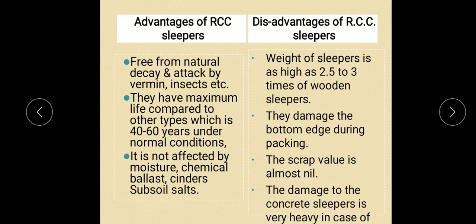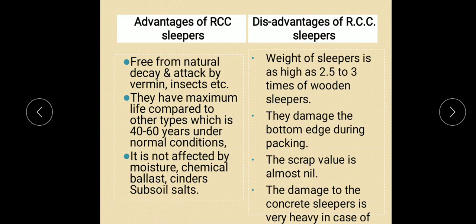The disadvantages of RCC sleepers are that the weight of the sleeper is as high as 2.5 to 3 times that of wooden sleepers. The next disadvantage is that they damage the bottom edge during packing, as we have to fit the rails to the sleepers, that is, at the time of packing the bottom edge of the RCC sleepers gets damaged.